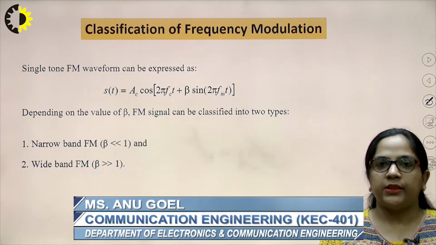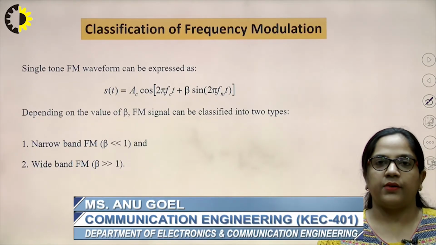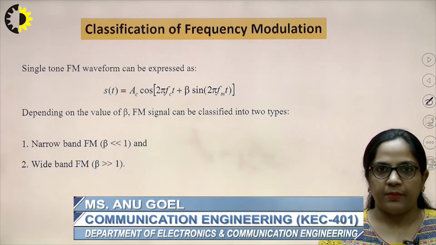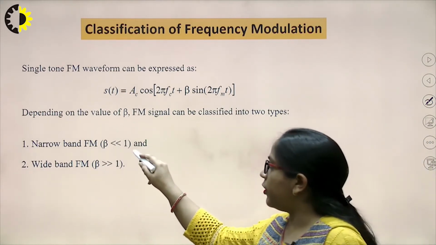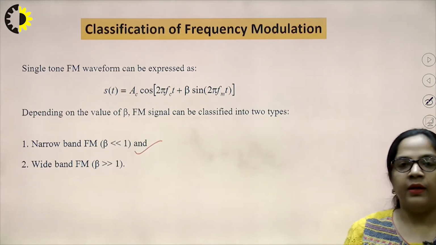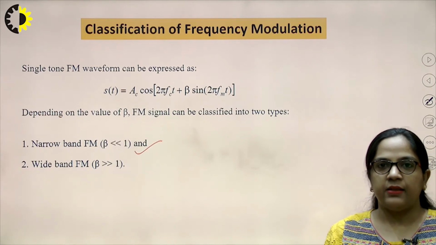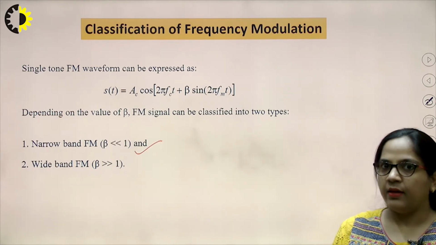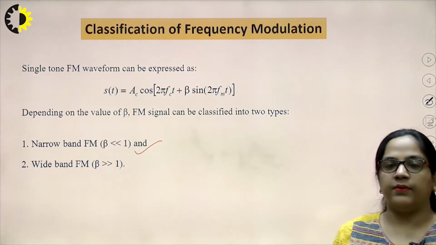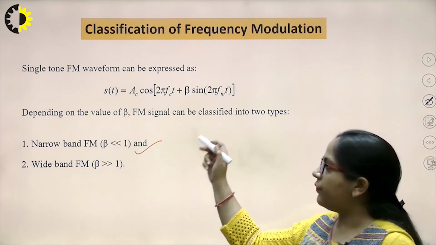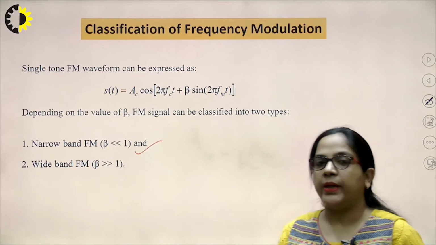In the last video lecture we have seen that frequency modulation can be categorized as narrowband FM and wideband FM depending upon the value of modulation index beta. If the value of modulation index beta is much lesser than 1, or we can say if the deviation is very small, then the FM will be a kind of narrowband FM.